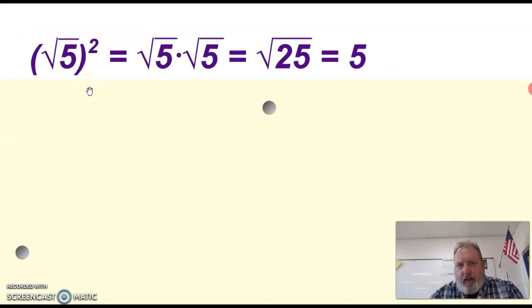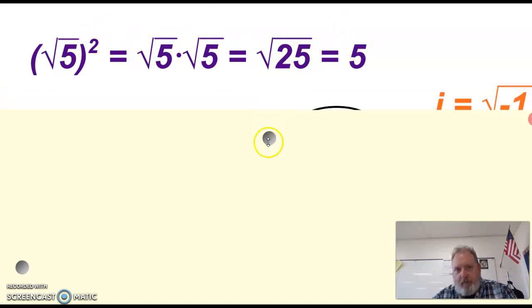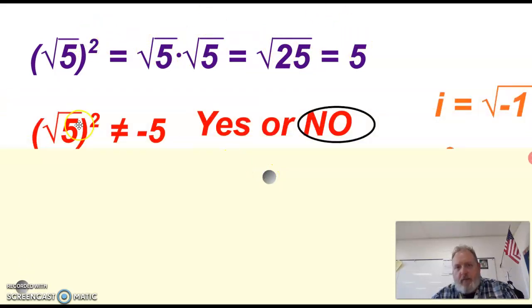Little number theory here, but this will help us out again to understand this. If you take a square root squared, if we write out the long way, that's really this. And we know 5 times 5 is 25. But really, square root times square root, you get the number that's under. So square root of 5 squared, you can skip all this here, it equals 5. Square root of 5 squared does not equal negative 5. It only equals positive 5. So if we want a negative, we have to do this.